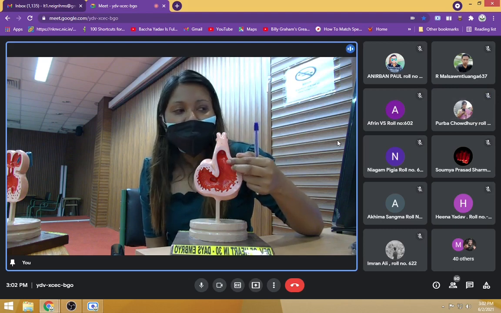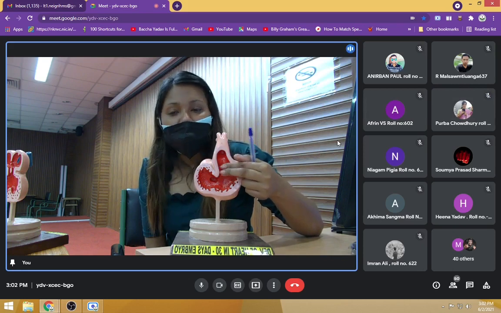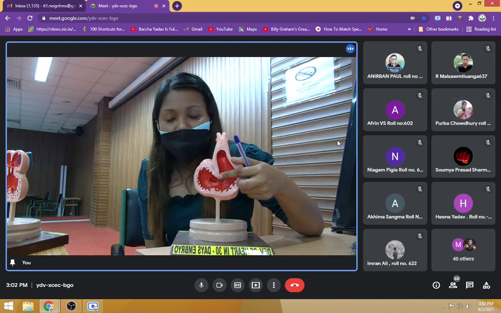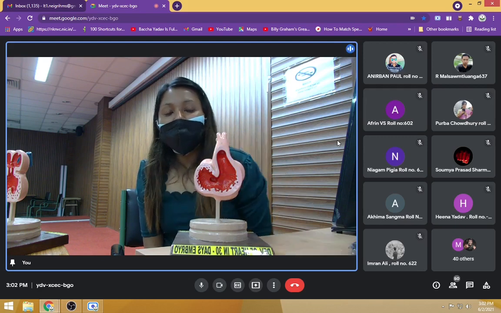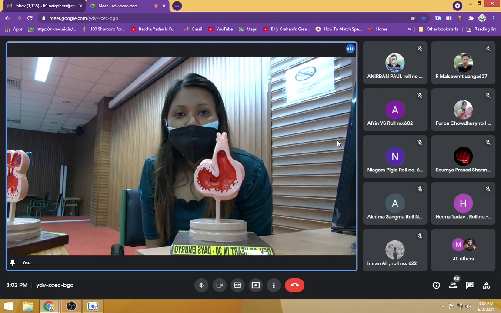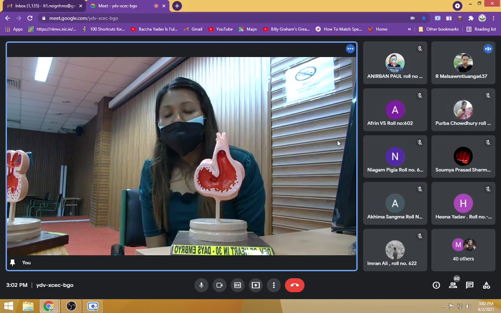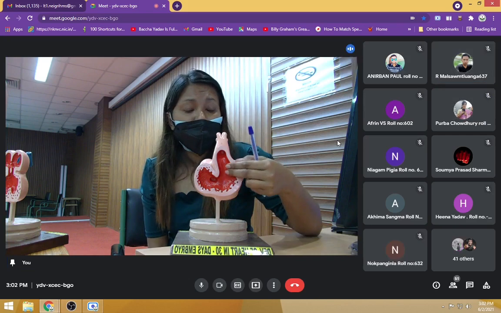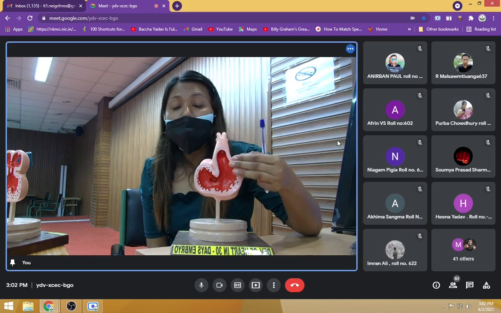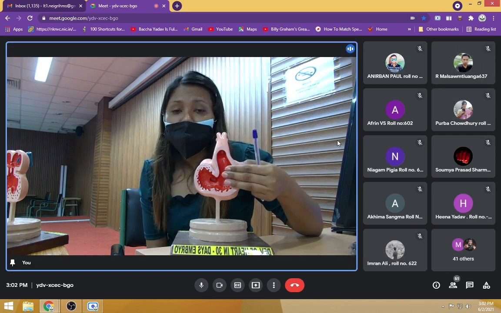Just imagine there are two ridges, right and left bulbar ridges, and some cells from the AV cushion. These three things will constitute the formation of what? Membranous part. Very good. These three things will constitute the formation of the membranous part of the interventricular septum.